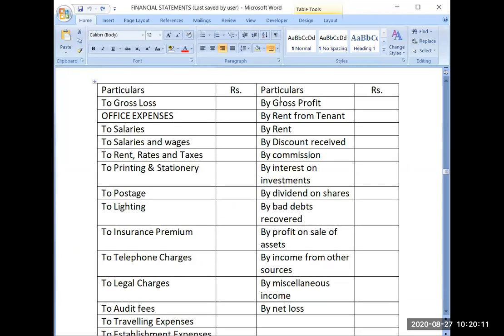That's why you will find gross profit here. Now I hope it is clear why I have written gross profit here. Otherwise, there will always remain confusion in your mind.